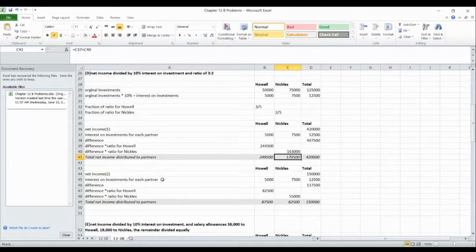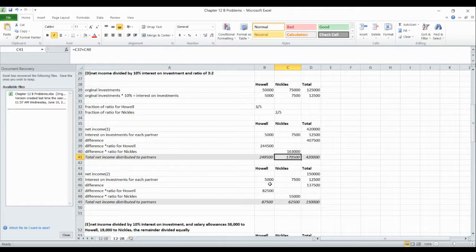In this problem, you'll remember there were 2 different sets of net income. The net income for part 2 is based on 150,000. Your interest on your investments for each partner is calculated just as we've done it before.